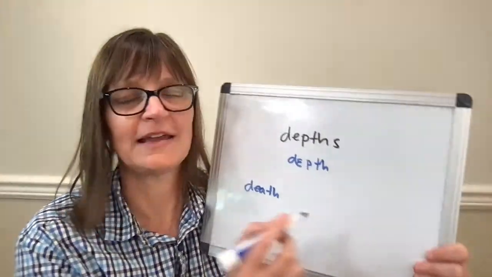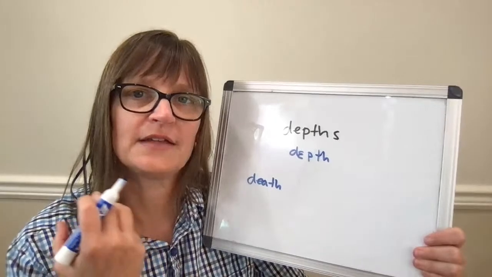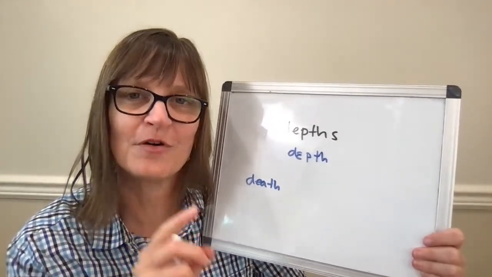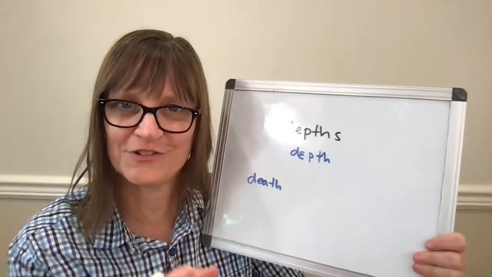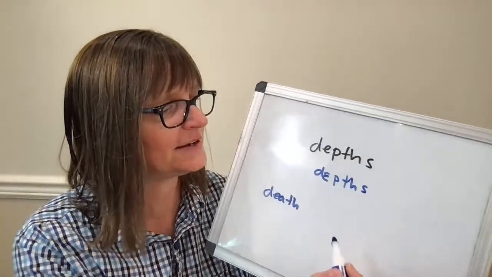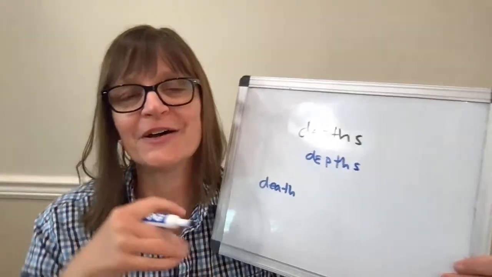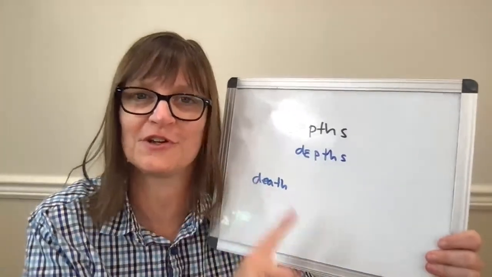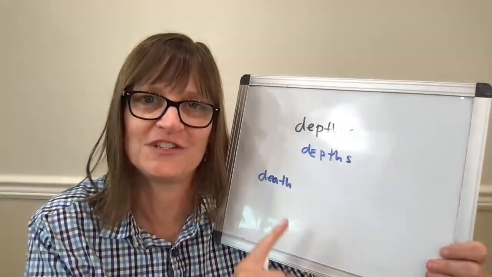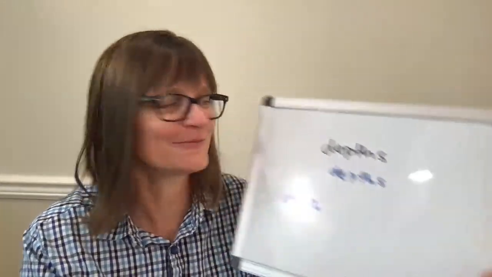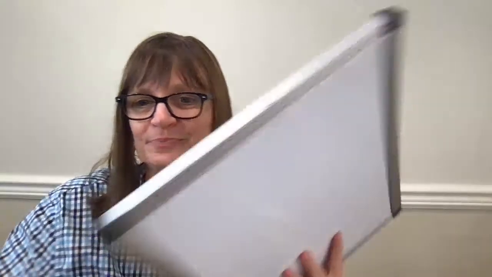And then finally, after you've got depth, try depths. And again, you can try just the TH to S combo. I have a video to help you with THS words like depths. It's tricky, so I would say just breaking it down, finding where you're having trouble. Is it going from the P to the TH or the TH to the S? And just work on building it up in sequence. Thank you for that request.